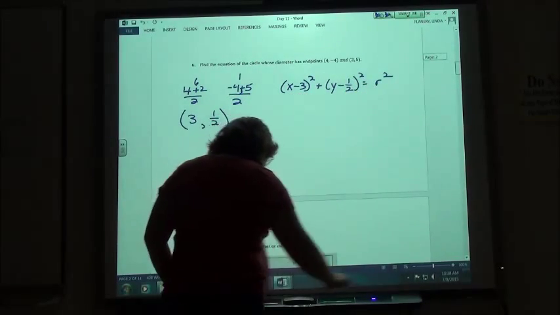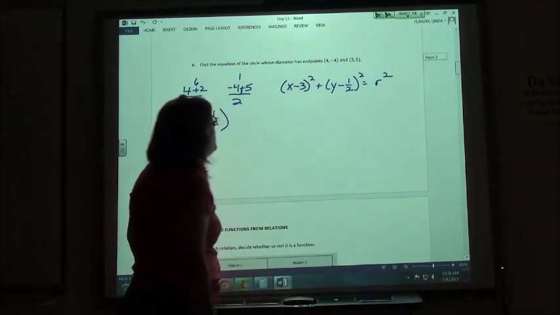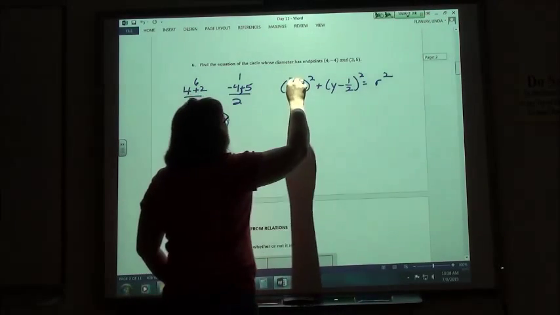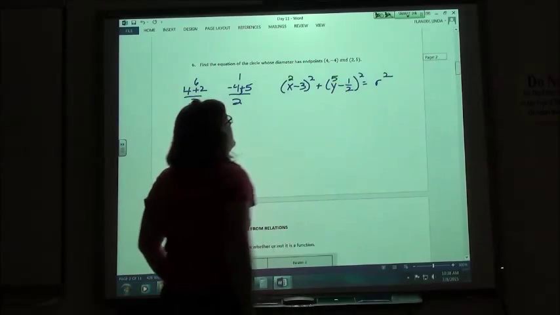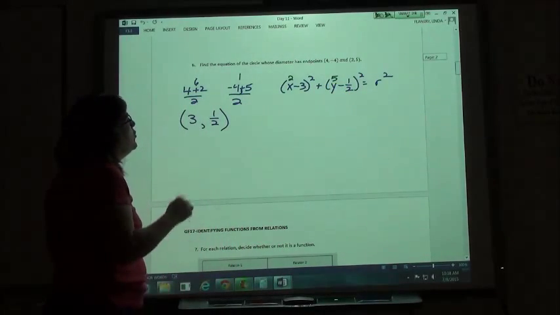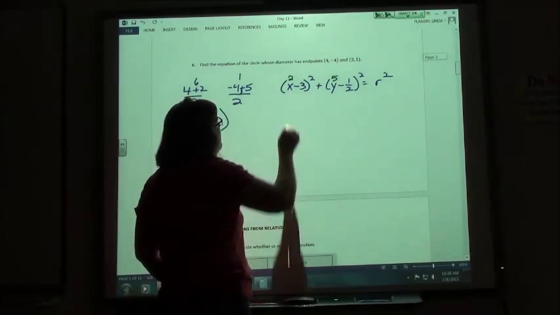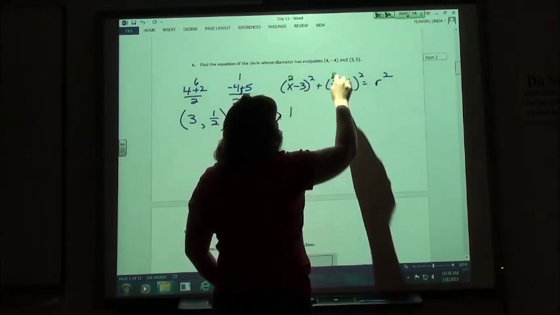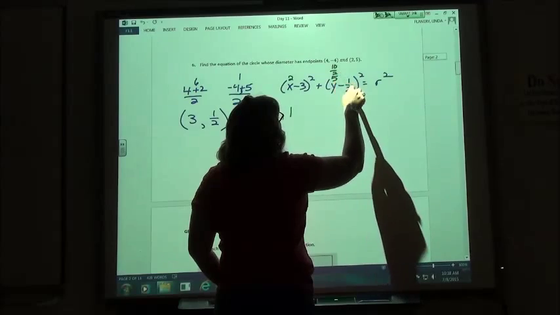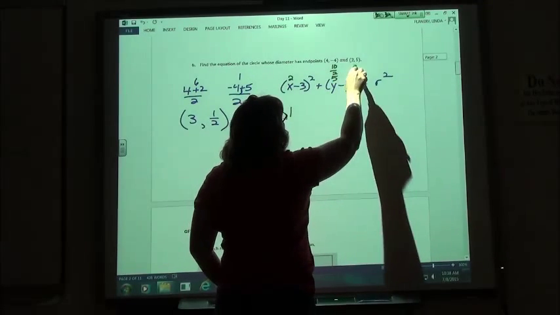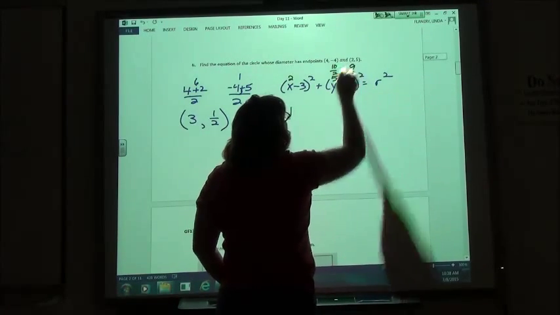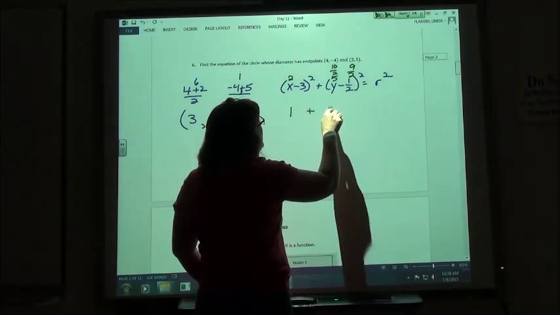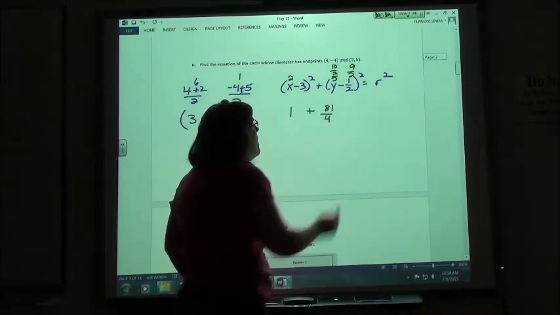Plugging in one of my points, I think I'll go with the 2, 5 this time, just so I don't have negatives to worry about. 2 minus 3 is negative 1. Negative 1 squared is positive 1. 5 minus a half, well, this would be 10 over 2 minus 1 over 2, which would be 9 over 2. 9 over 2 squared would be 81 over 4.